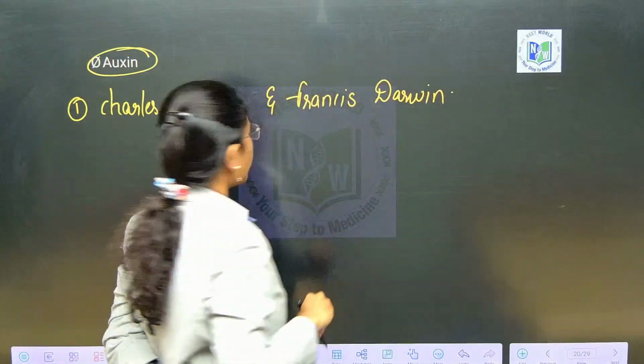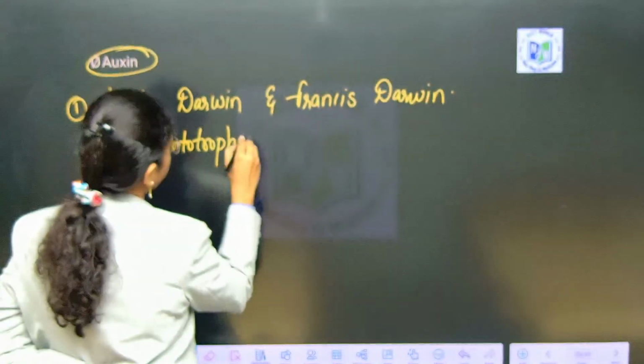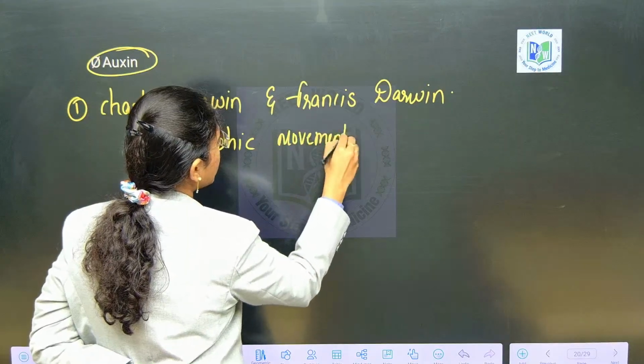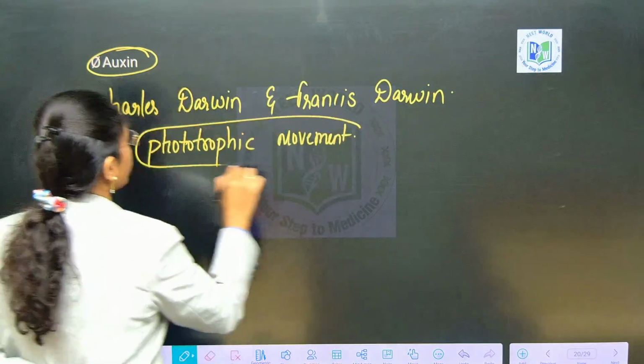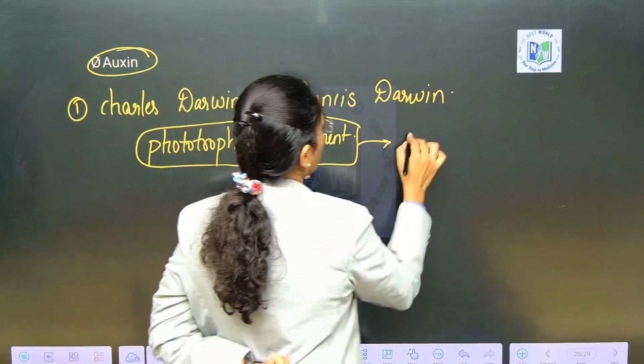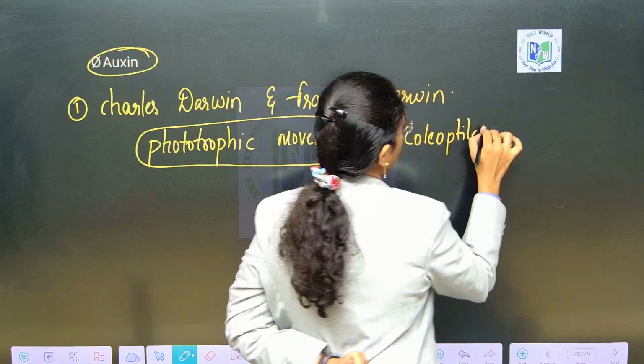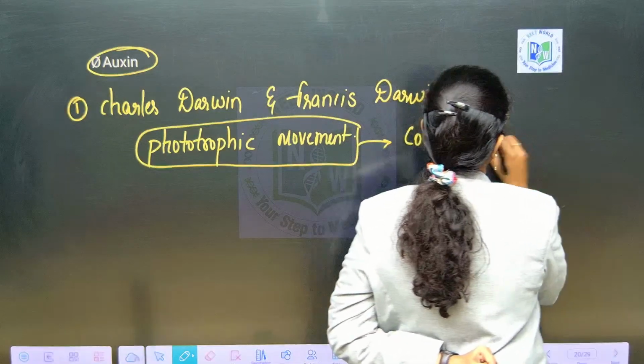Charles Darwin and Francis Darwin discovered this hormone by first identifying phototropic movement on what seedlings? Phototropic movement by coleoptile seedlings of canary grass.